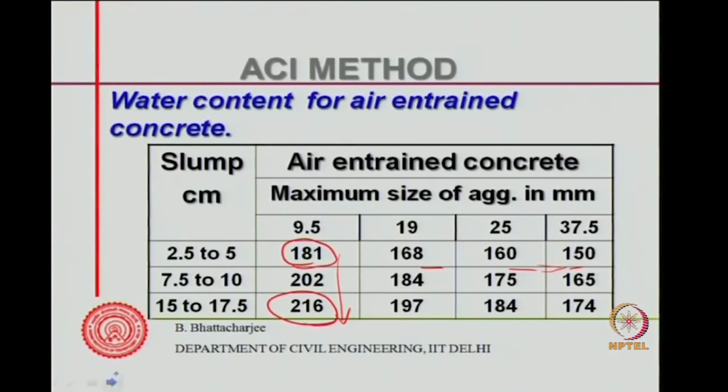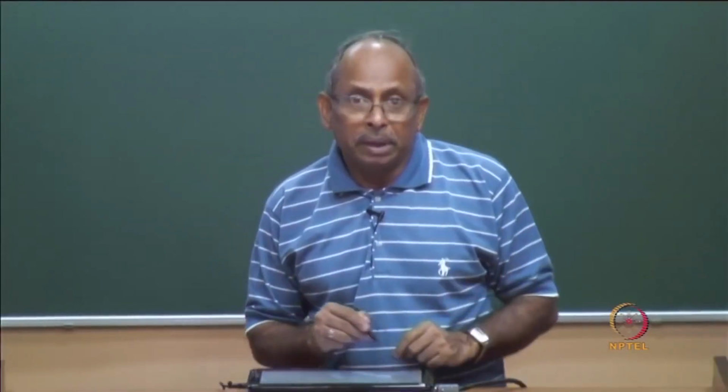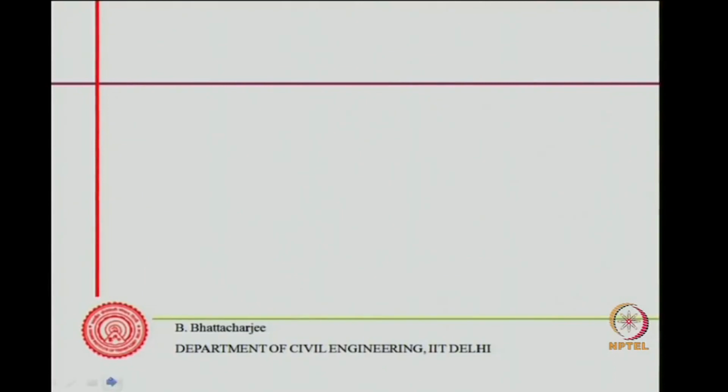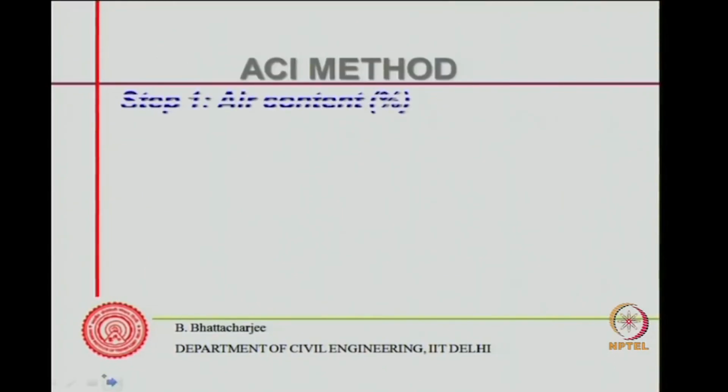So this is the first step. If you know the slump and MSA, you determine your water content for the given MSA and given slump. Then the corresponding air contents are given.